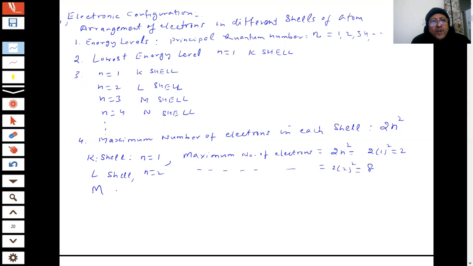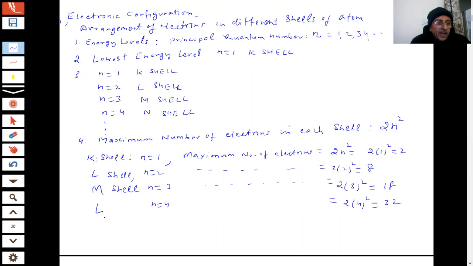If the M shell, students, n equal to 3, what is the maximum number of electrons? 2 into 3 square, how much? 18. If I have the N shell, n equal to 4, what is the value coming, students? 32.